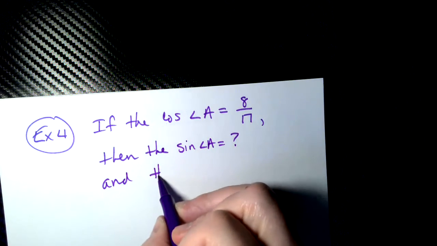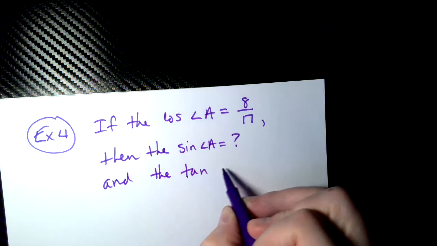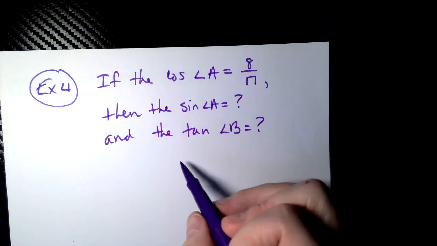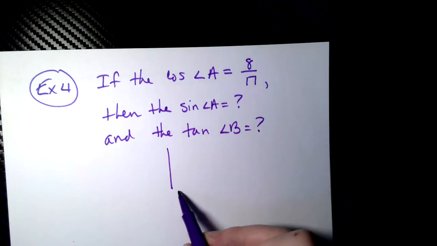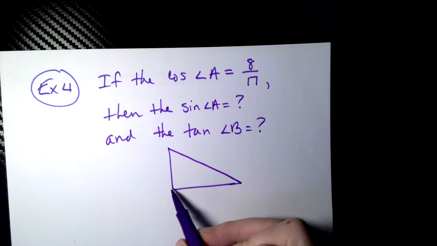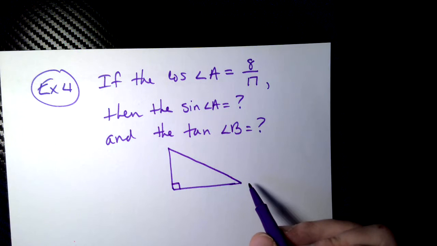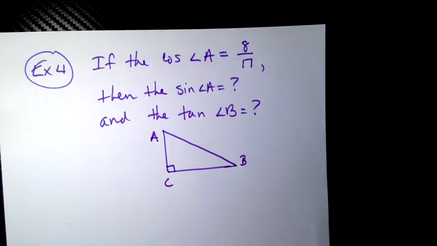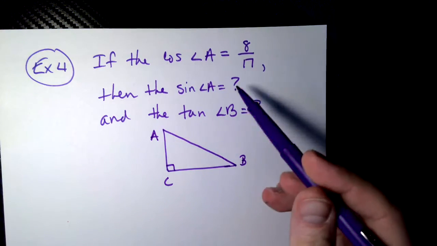And the tangent of angle B equals what? Now, I should probably draw some sort of a triangle for this. Looks something like this. Make this A, this B, this C. All of this would be given, and they would ask these two questions.